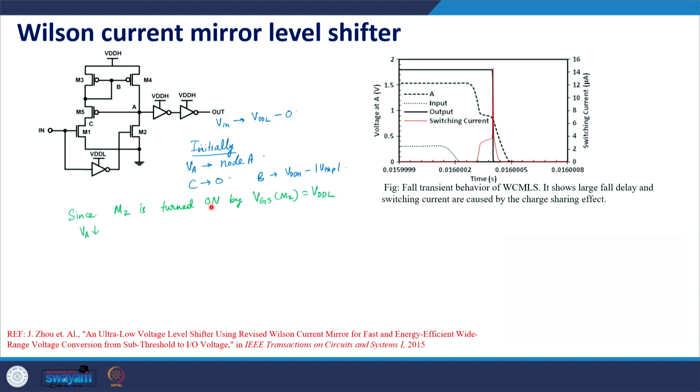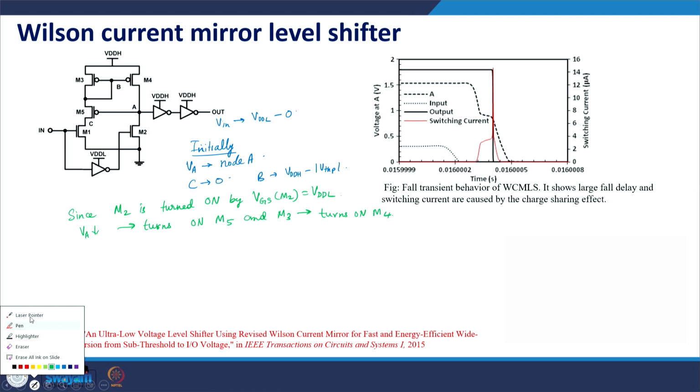If M5 is turned on, there is a current through M5, and that is the current which also flows through M3. This turns on M5 and M3, which in turn turns on M4, which is not what you wanted, because M2 is turned on and you want VA to reach 0.